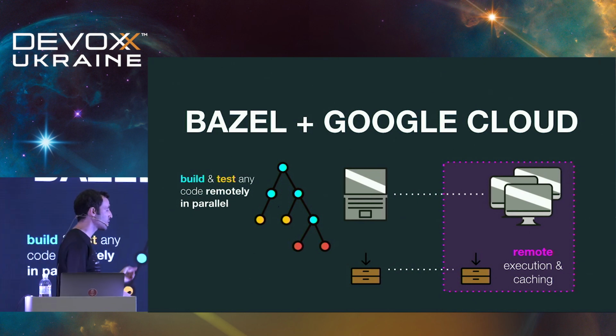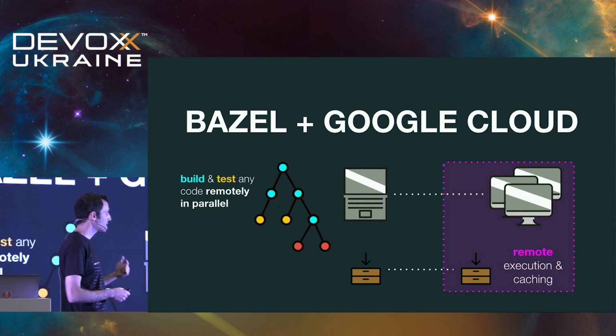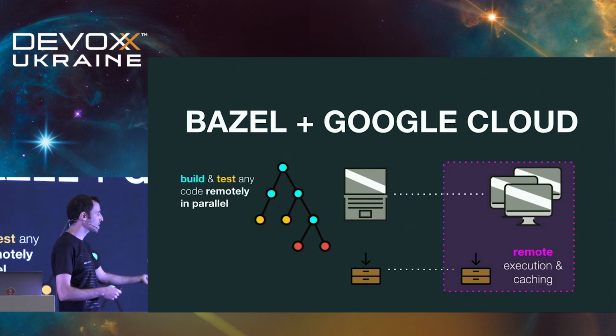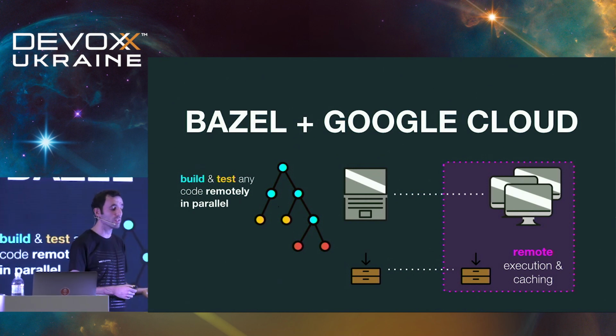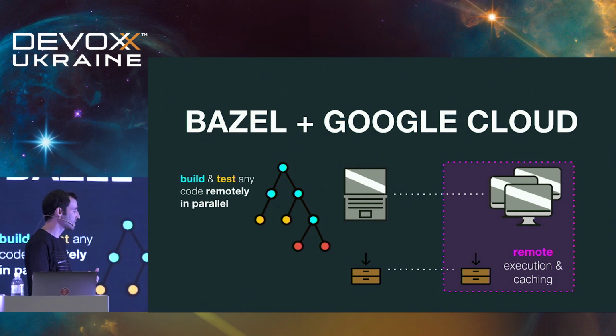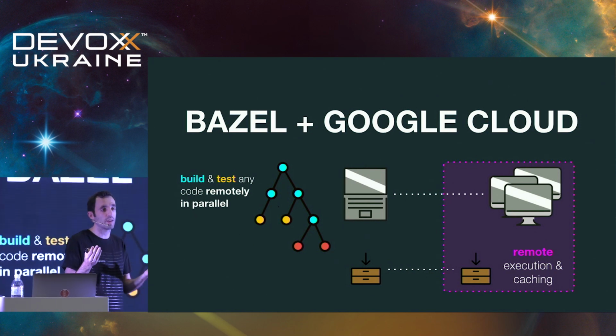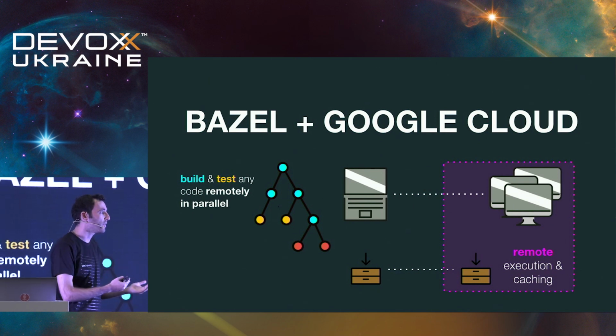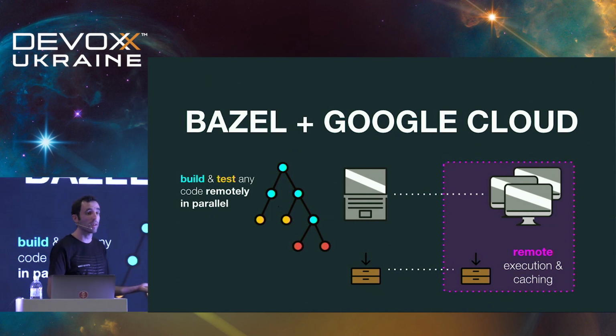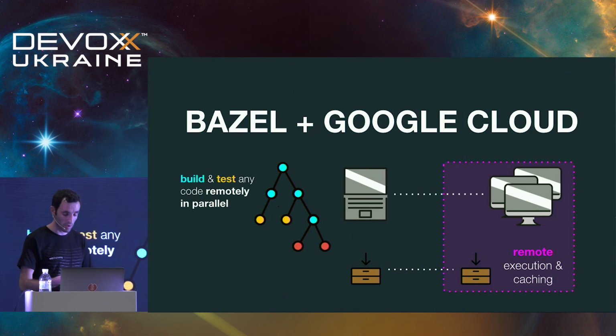Of course, it utilizes the same caching principles, so you can share the cache that was populated from the remote execution, and as a local developer, when you start using it, you almost don't need to run anything if you don't change anything, because you already have all the cache hits from the remote servers.